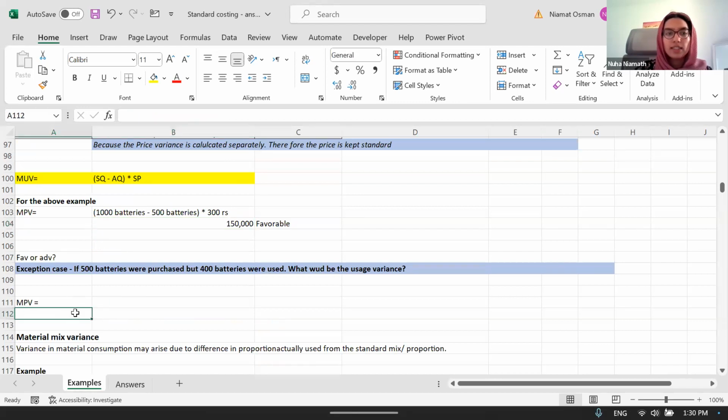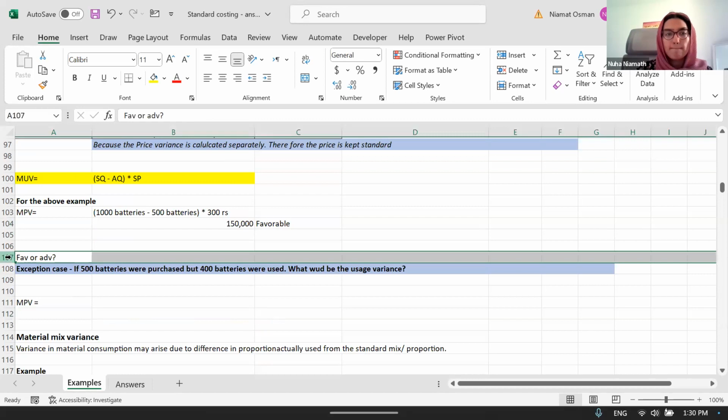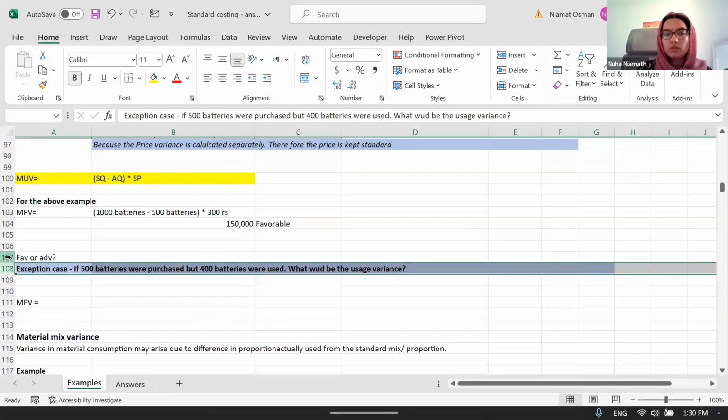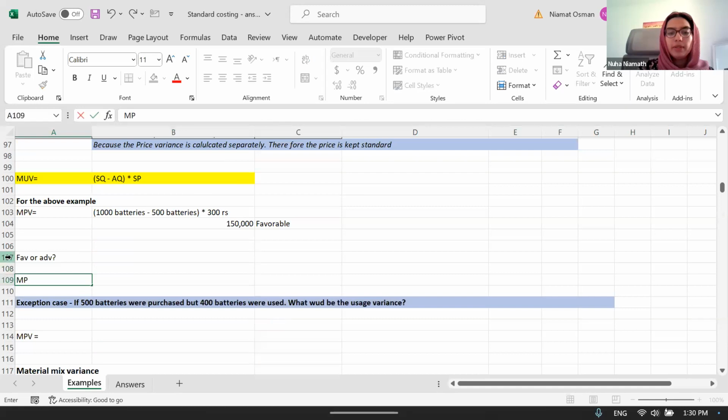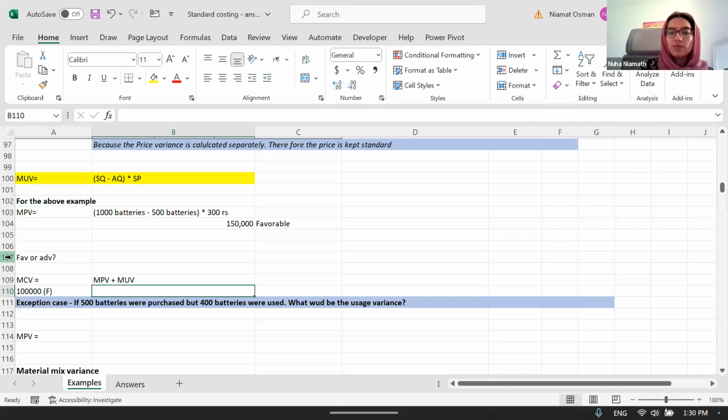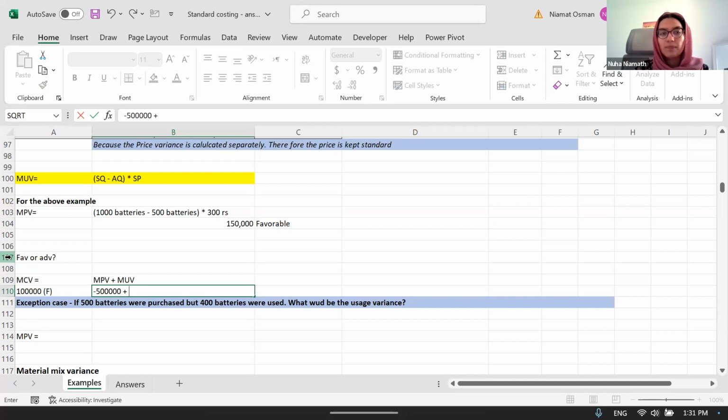So I can say that MCV, material cost variance, should be equal to material price variance plus my material usage variance. So that implies 1 lakh favorable should be equal to MPV, which is 50,000 negative, plus MUV, usage variance, which is 1,50,000 positive.